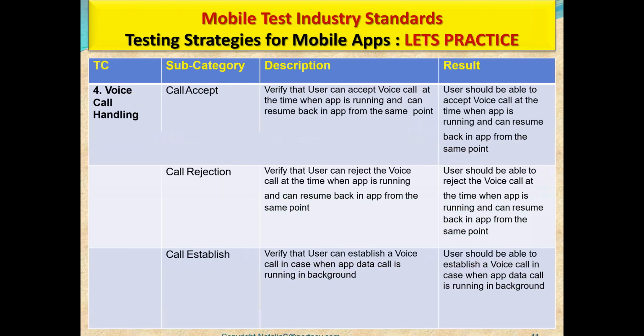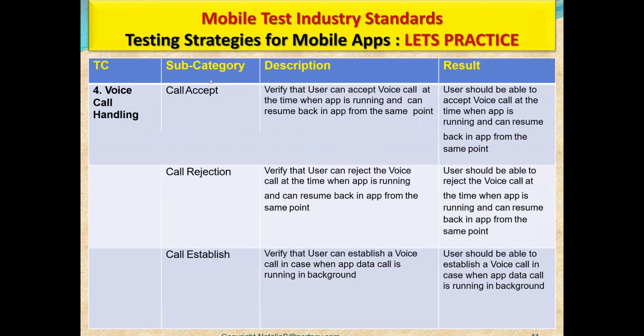All right. For example, you have your application running, and there is a voice call coming. The phone rings, and we basically have three conditions, and these are all your test cases.